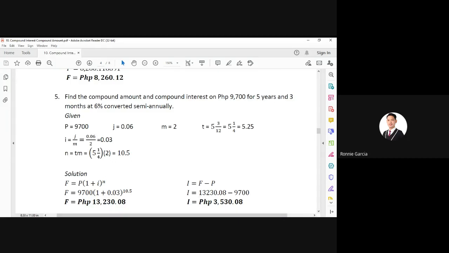How much is the interest? 3,530.08. Miss Namok actually typed both, but she typed them at 7:18. But it's okay, the important thing is that you understood. That means you are ready for the quiz and for the examination. That's more important.